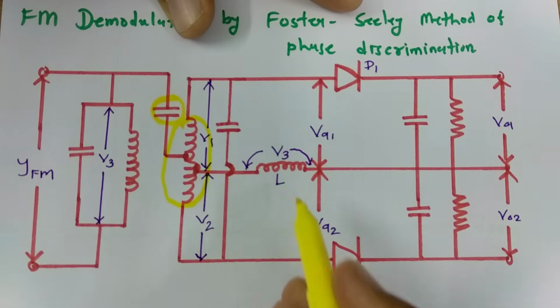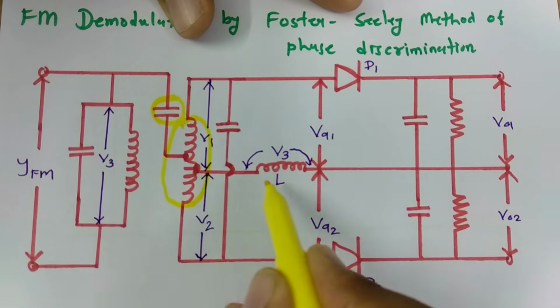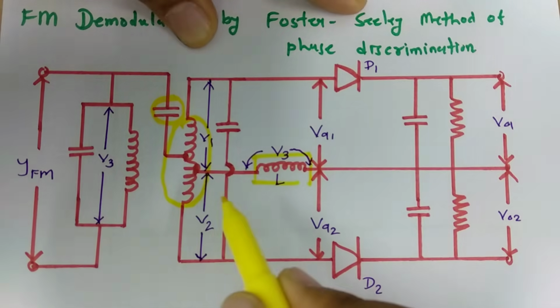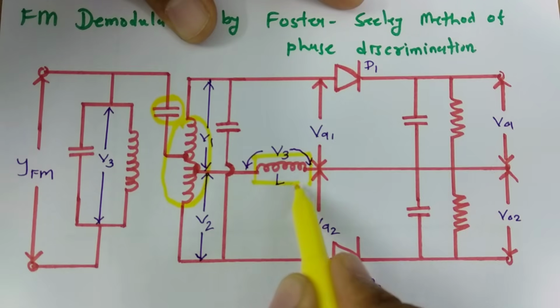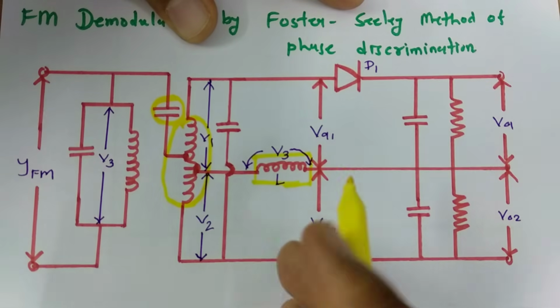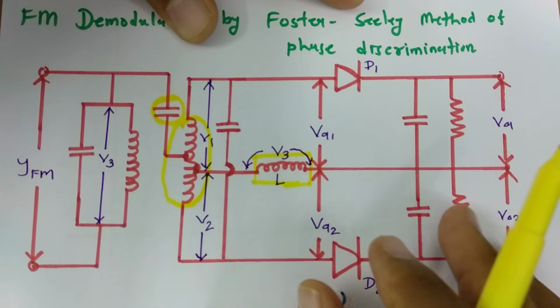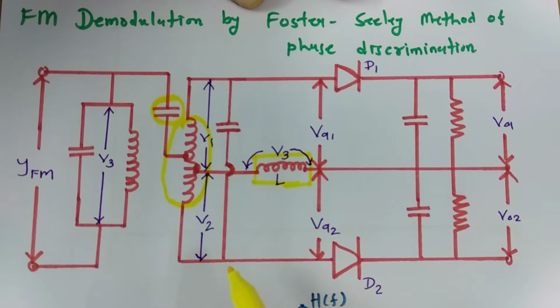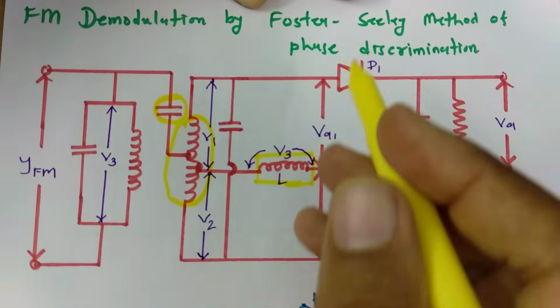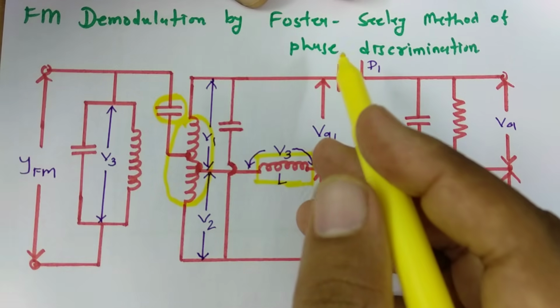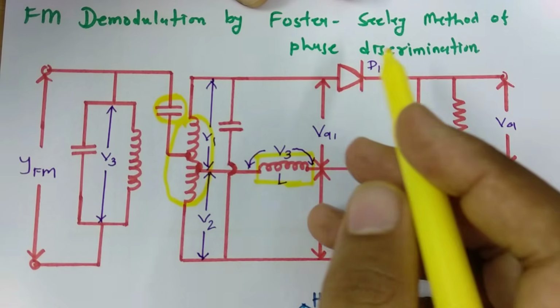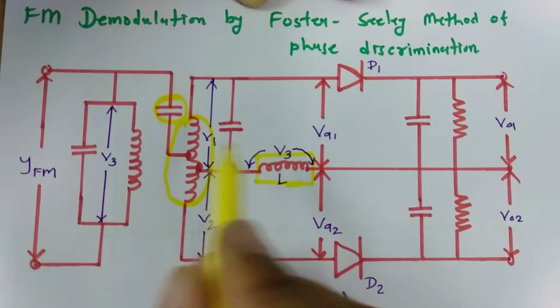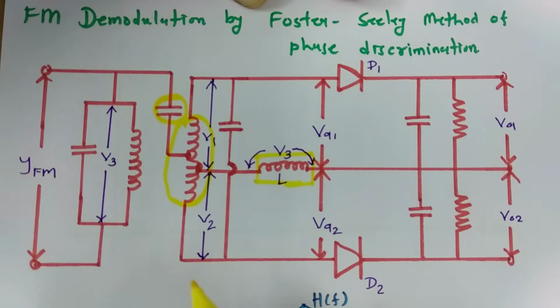And third, this inductor that we connect here. These are the basic differences you can identify in this phase discriminator compared to the frequency discriminator we have seen in balanced demodulation.